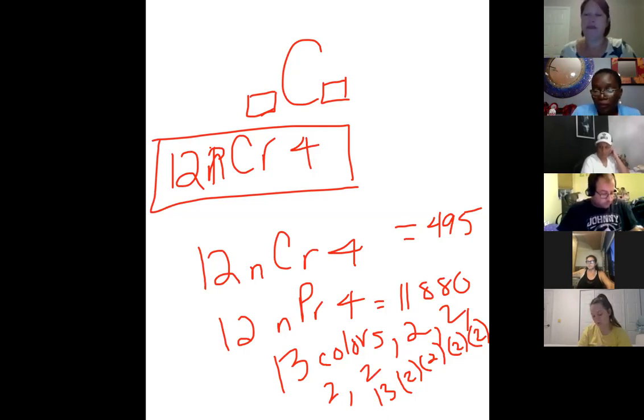Do you guys have the exact same question? No, it's a little bit different. When it says the third digit can be any number except 3, from 0 up to 9, that's 10 digits.